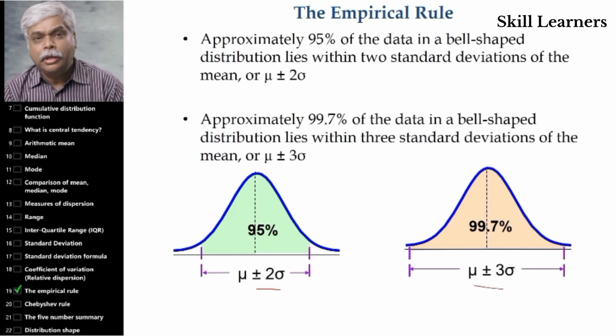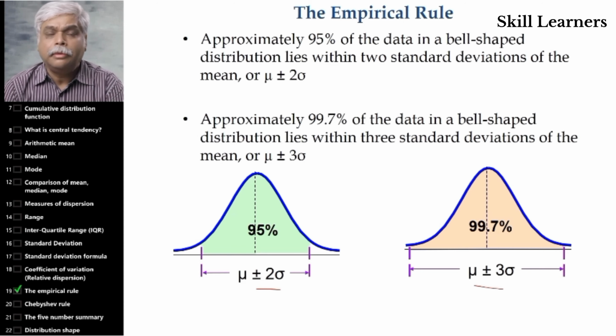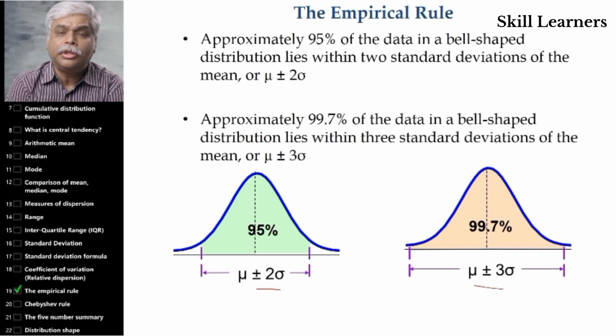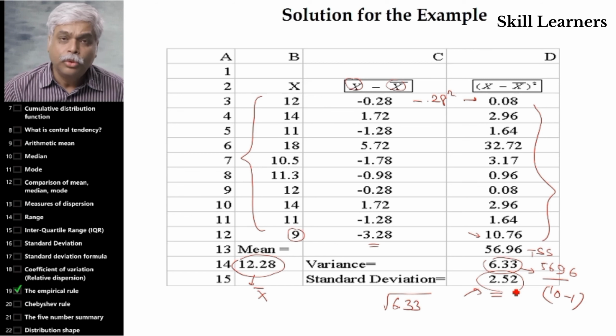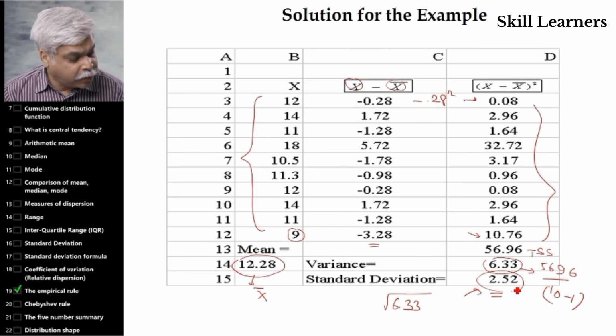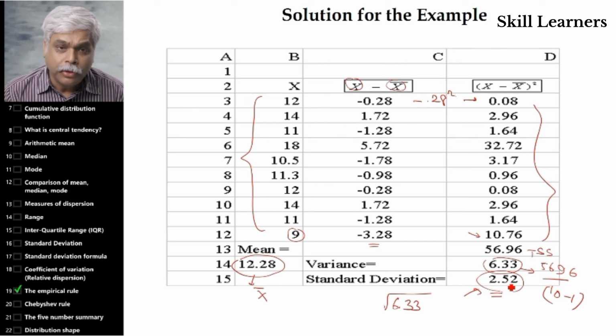So, for example, if I say that my mutual fund on the average gives 12% with a standard deviation of, say, 2.5%, what I'm saying is that 12.28 plus minus 2.52 will contain about 2/3 of my data. 12.28 plus minus twice into 2.52, or about 5, will contain about 95% of my data.